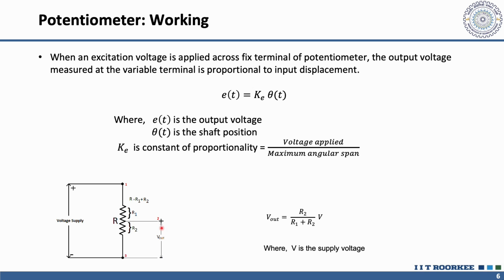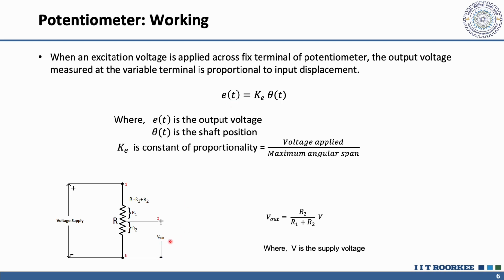Here what we are saying is, when an excitation voltage is applied across the fixed terminals, then the output voltage measured at the variable terminal, that is 2 and 3, will be proportional to the input displacement. Let's see this equation. This equation is for the rotational type of potentiometer, where theta(t) is the shaft position and e(t) is the output voltage.